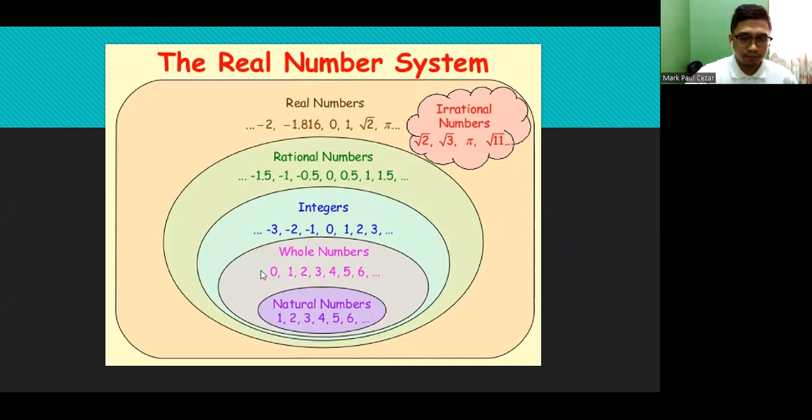And the difference of a whole number and a natural number is that whole numbers are from 0 to infinity, and natural numbers are from 1 to infinity. Gets? Gets, sir.